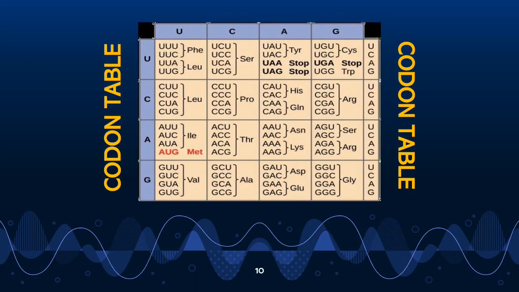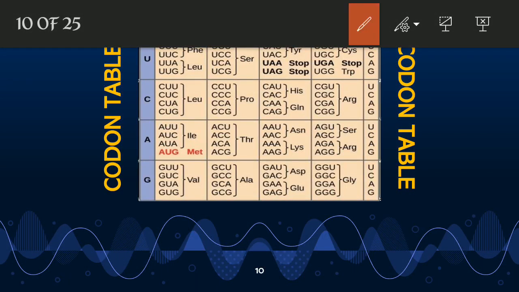Now this is the codon table. For example, let us consider this box.